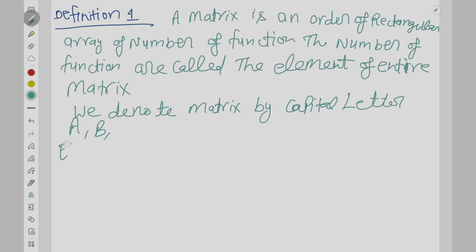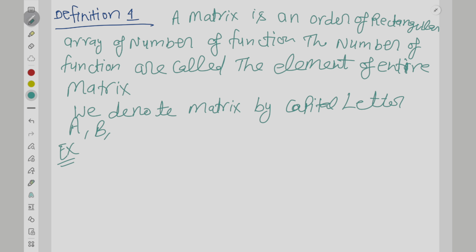For example, A is equal to the matrix with entries -5, 0, √5, 3, 6, and these are all examples from NCERT.